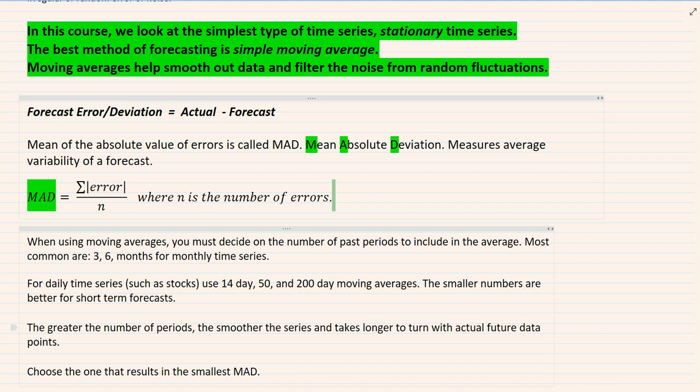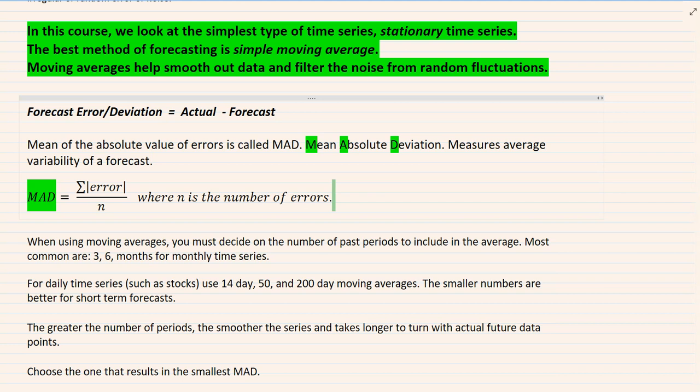So it's not good for short-term forecasting, the 200-day moving average. But maybe if I want to do a short-term prediction on anything, I'm just better off to do a 3 or 6 period, and that would quickly pick up the turns in the time series data.